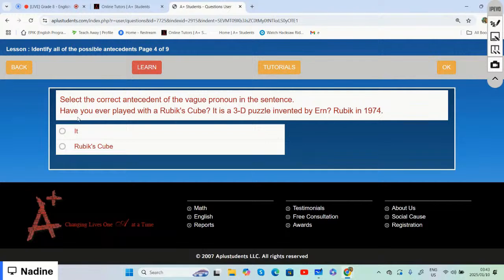It says, have you ever played with a Rubik's Cube? It is a 3D puzzle invented by Ern Rubik in 1974. We need to identify the antecedent of the vague pronoun reference. Is it it or Rubik's Cube?